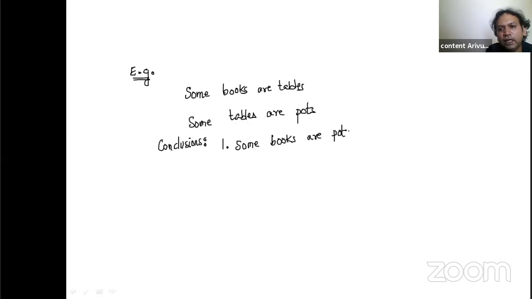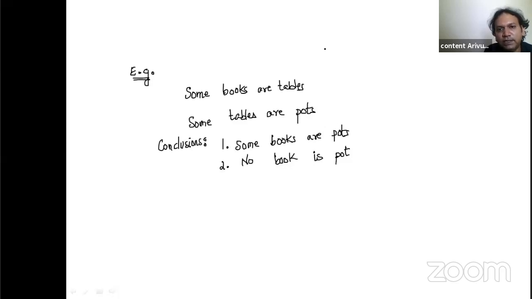And the second conclusion I'm taking up here is no book is pot. So for this particular question, what will be the answer? Let's discuss the answer here, all of you. Some books are tables, some tables are pots. The conclusions are some books are pots and no book is pot.